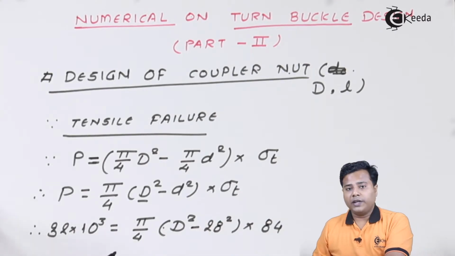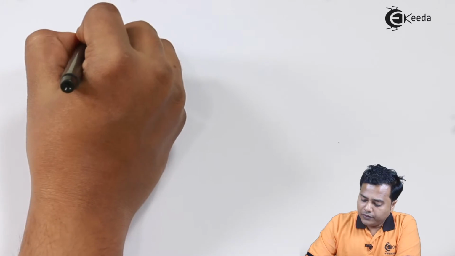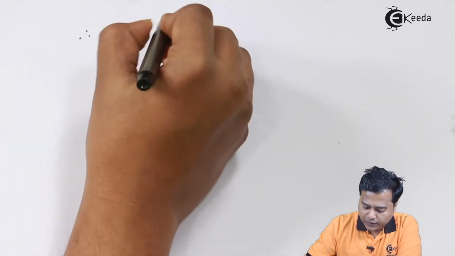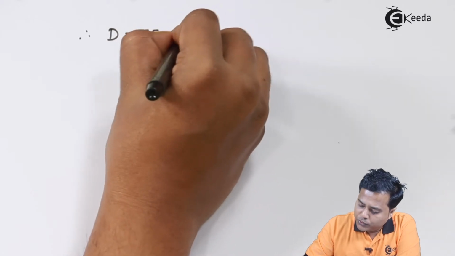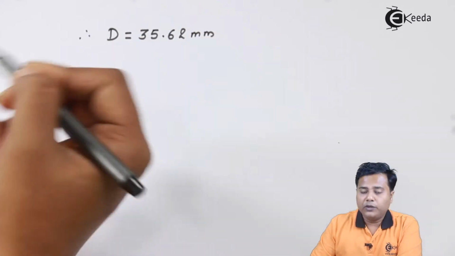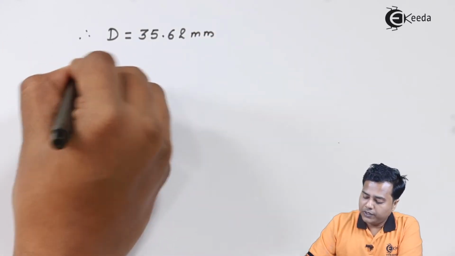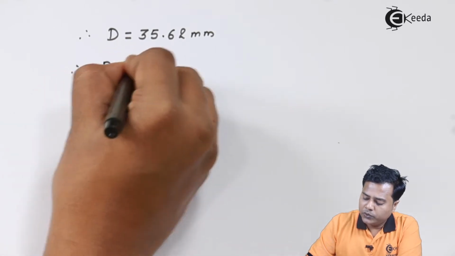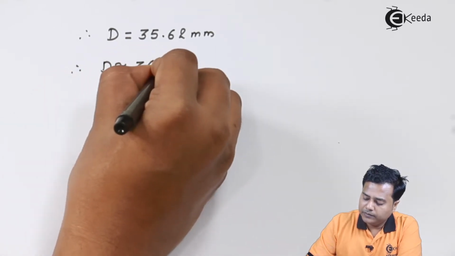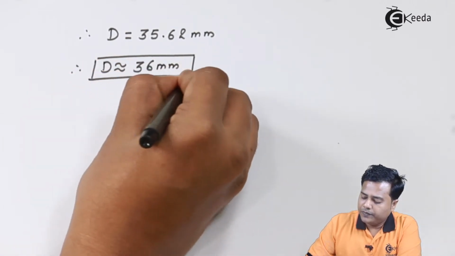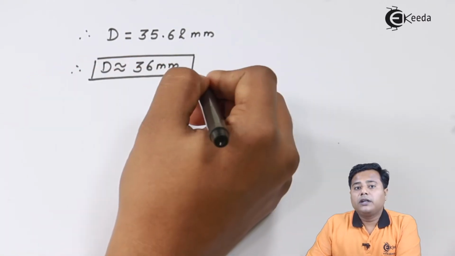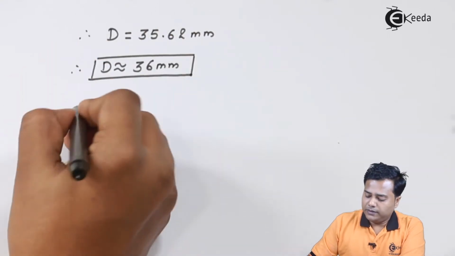As we solve that equation, we'll get the value of D somewhere around 35.62 millimeter. Again, going for the round value, we'll take D equal to 36 millimeter. So that is the finding of the diameter of this coupler nut.